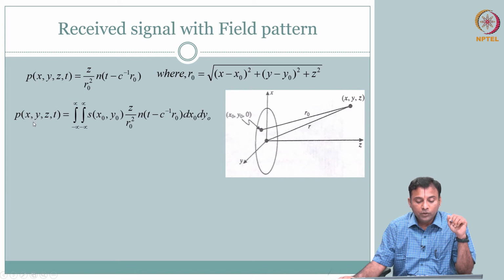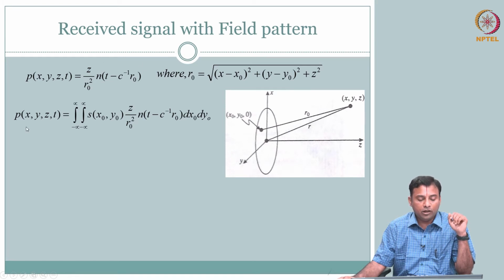So, what we can do is we can write for a collection. If you have, this is the surface of the transducer, right. If one point, because of one point at P, X, Y, Z, you are experiencing this pressure, right.